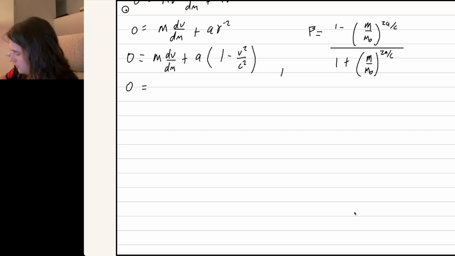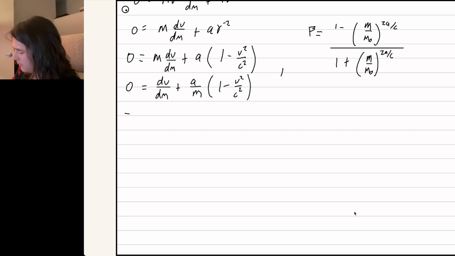So it's going to be 0 equals dv dm plus a over m times 1 minus v squared over c squared. And then solve it so that we have minus a over m times 1 minus v squared over c squared equals dv dm.